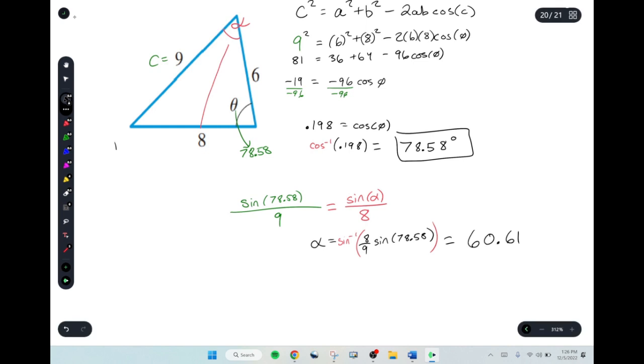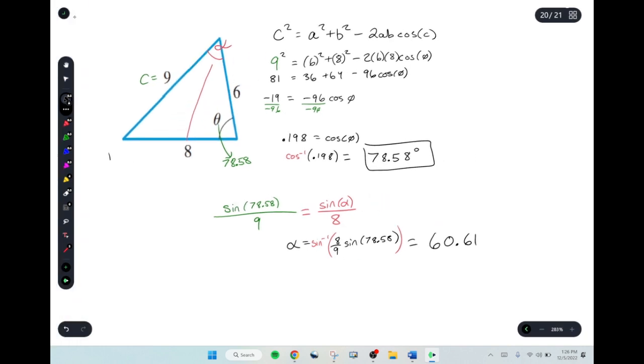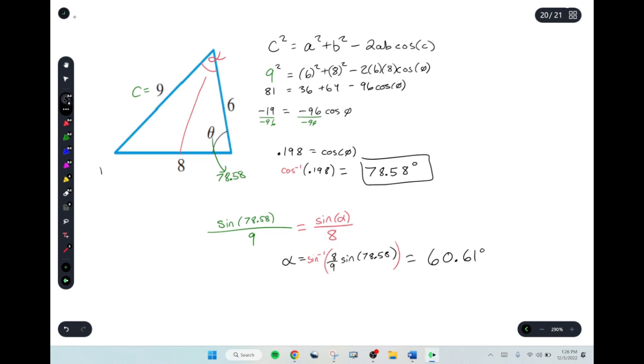Is 60.61. Is anybody else tracking? I know we're doing big numbers. Don't want to lead everybody astray though. I want to make sure it's right before I post it online.